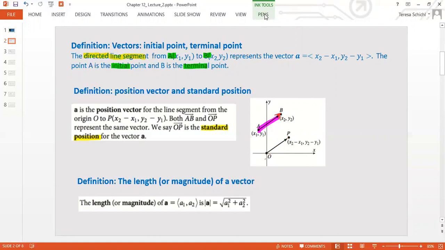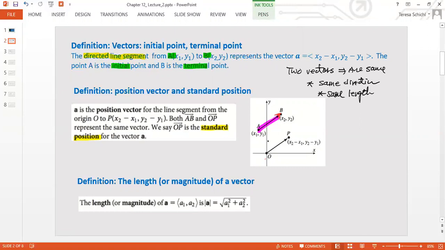If two vectors are the same vector, we have two conditions. First, they need to go in the same direction. Next, they need to have the same magnitude, or the same length.